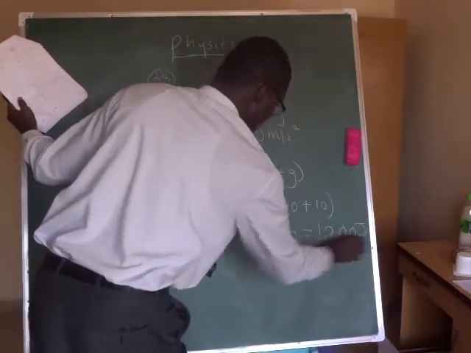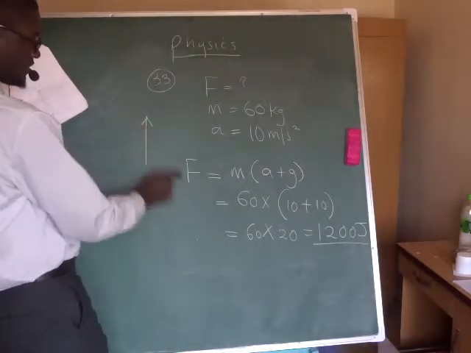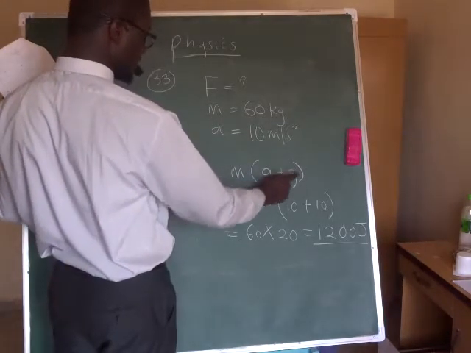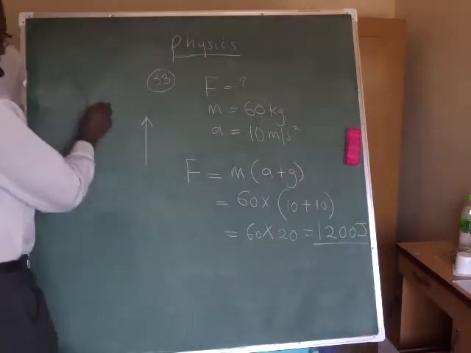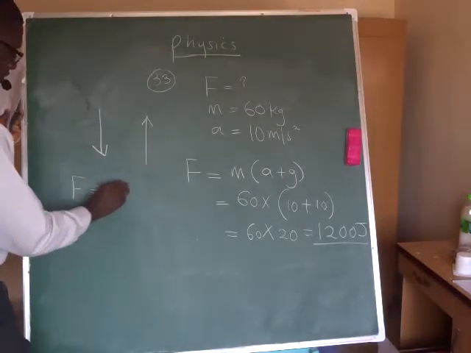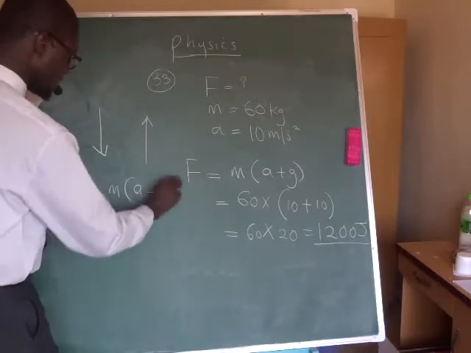1,200 joules. Yes, when the body is moving upwards, the force is given by mass multiplied by the sum of the two accelerations. But had the body been moving downwards, then my force would be equal to mass multiplied by the acceleration minus acceleration due to gravity.